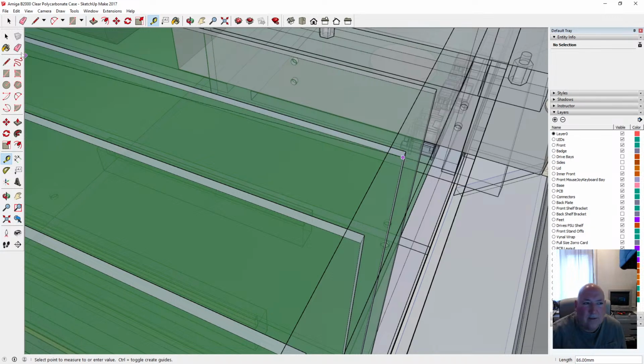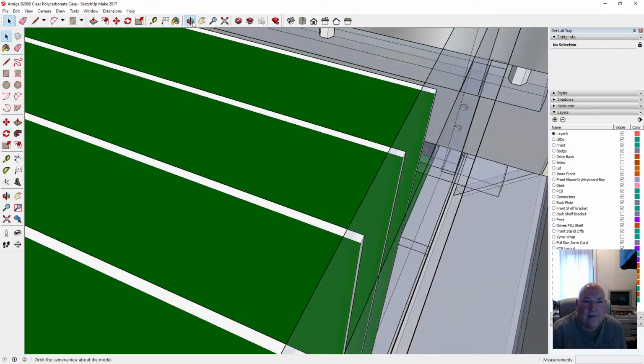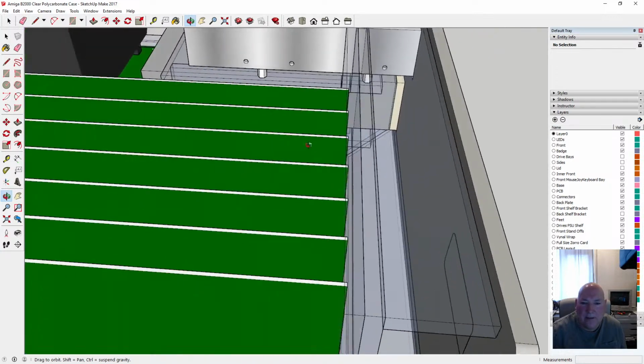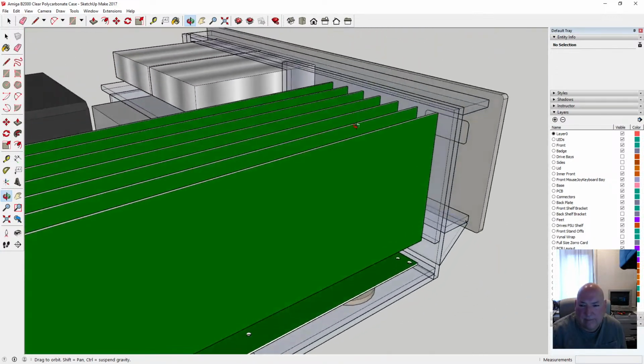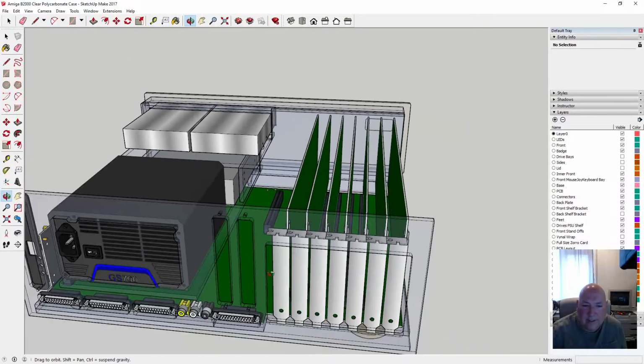One and 1.25 mil. That's probably enough. It's probably enough just to guide the card and hold it upright. So we could put them slots in on the plastic. We'll do that another day.